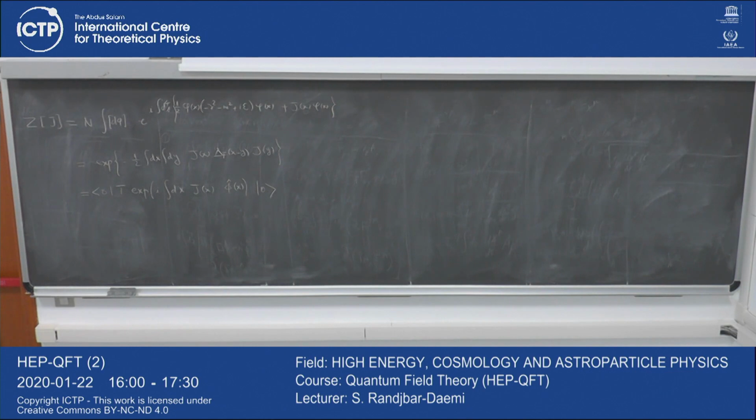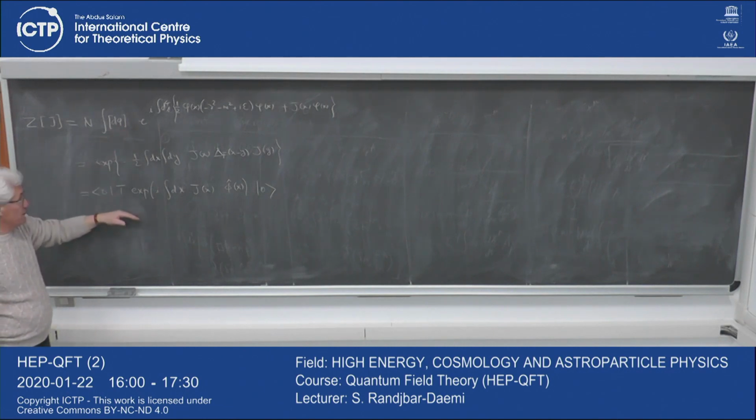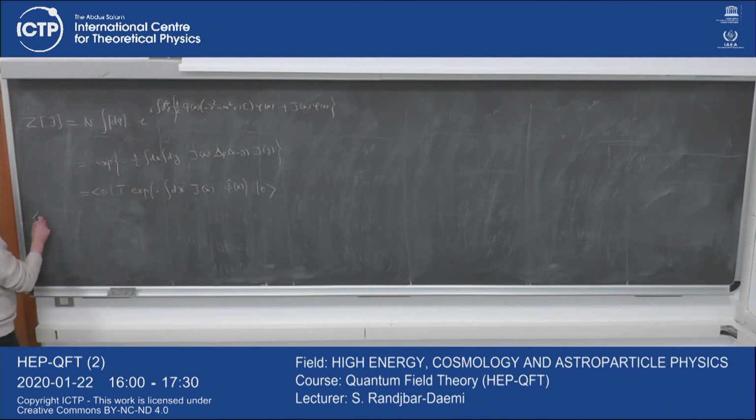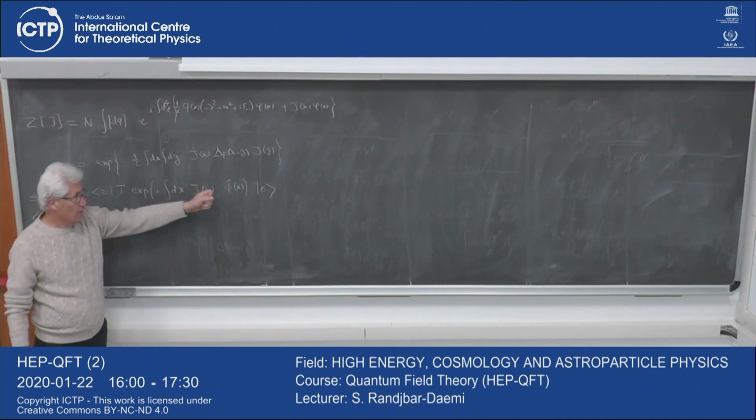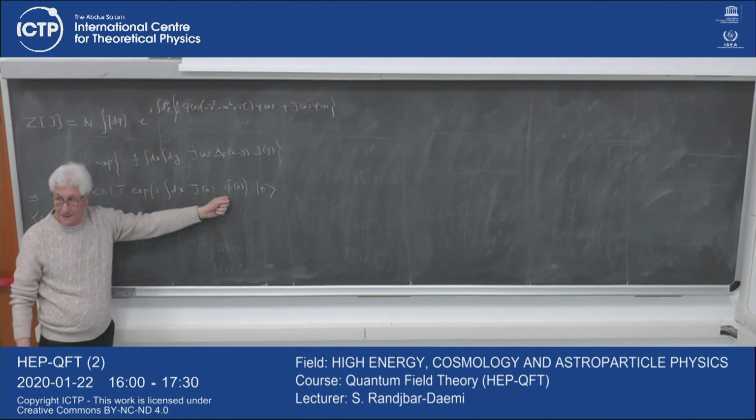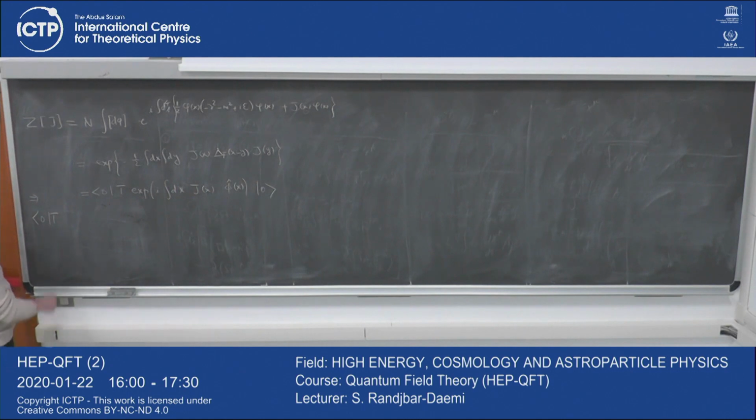That's the first comment. The second comment is that if you take this expression and this expression and differentiate both sides with respect to J, you will find that every time you differentiate with respect to J functionally, you bring down an operator φ hat. So I will differentiate with respect to J at y_i, 1 over i times δ by δJ, acting on this.